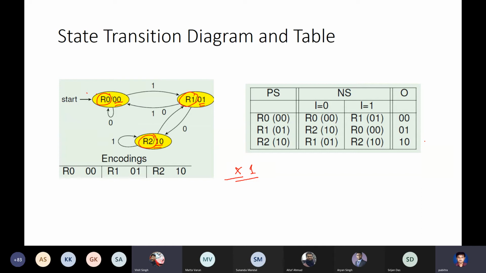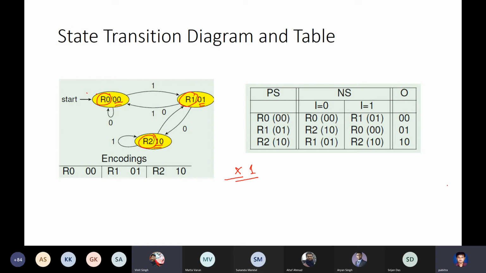One more interesting thing that happens here is that one of the states doesn't appear. So in the transition logic, you will have some don't cares, because one of the rows will be missing. You don't have 4 rows here, you have 3 rows. One of the rows is missing, so there will be some don't cares.